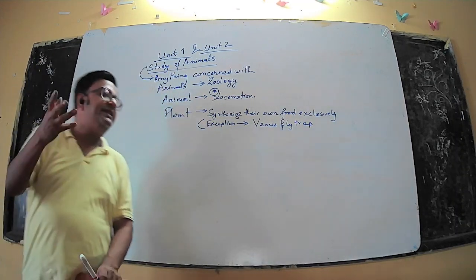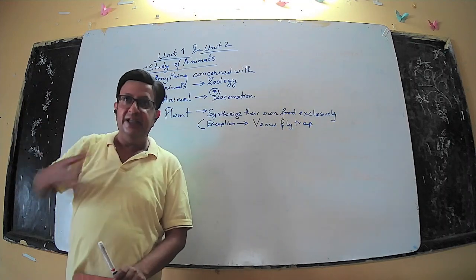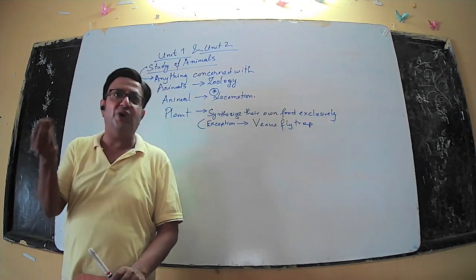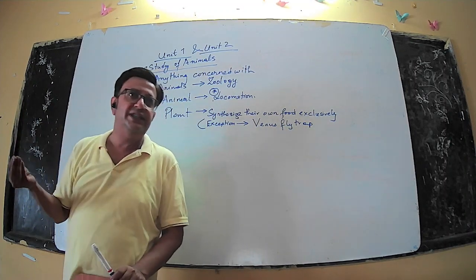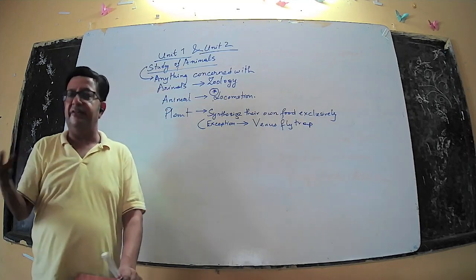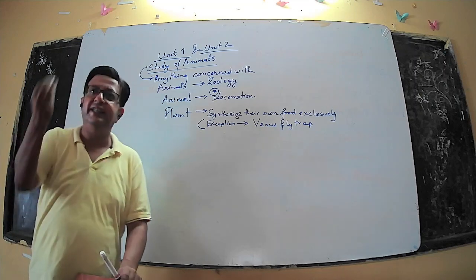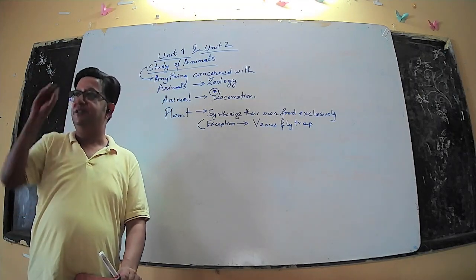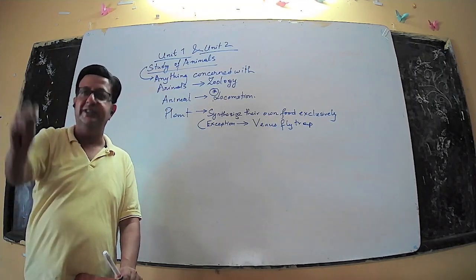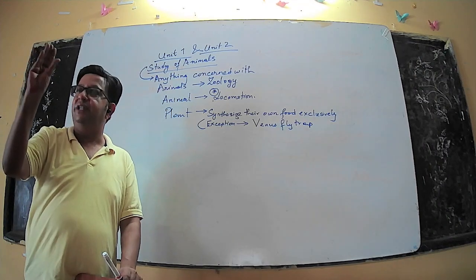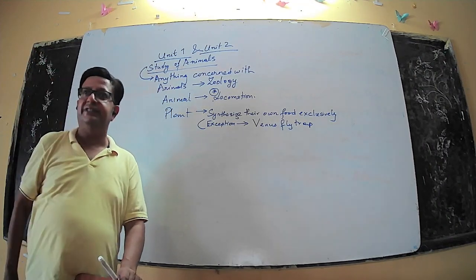These plants basically grow in regions where you have low nutrients. The soil has got very low nutrients. And therefore, for their sustenance, they need to take extra food, that is from flies, and they have got beautiful colors. The flies or insects come and sit, and gradually they close, and the insect gets trapped inside.